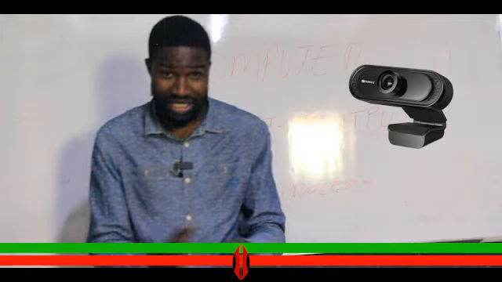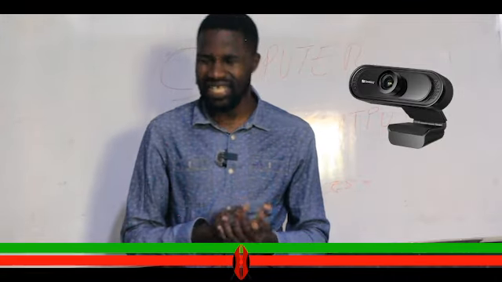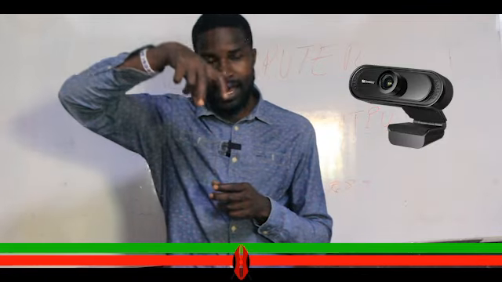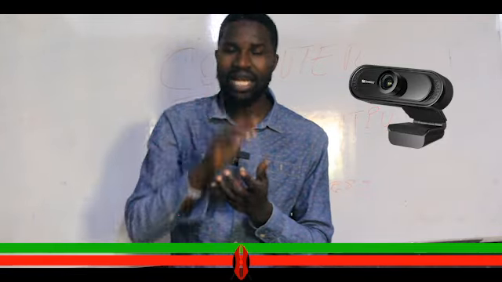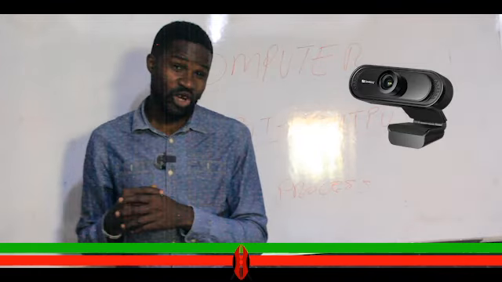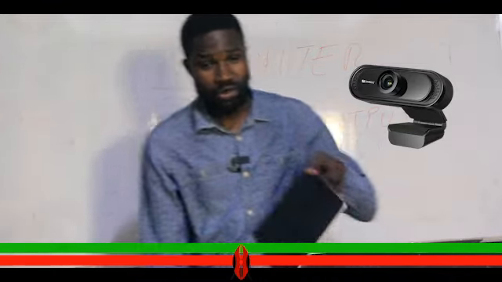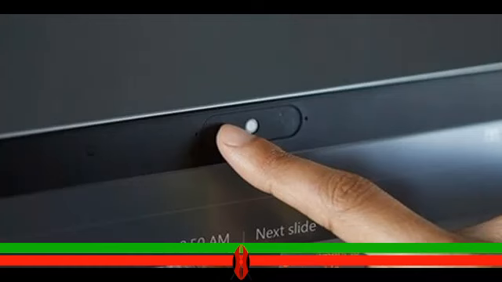What you're seeing on your screen right now is what we call a webcam. It's a small camera that is always pinned on top of your computer. With laptops, it is always on top here. This is the web camera.